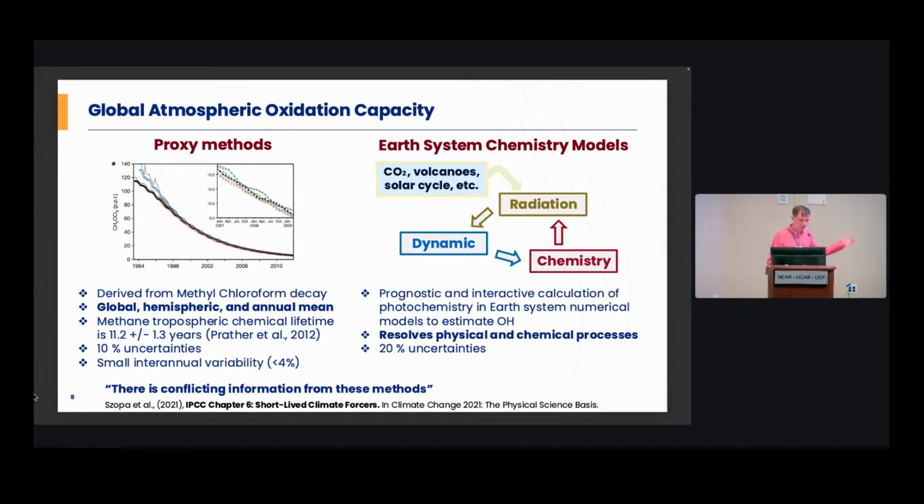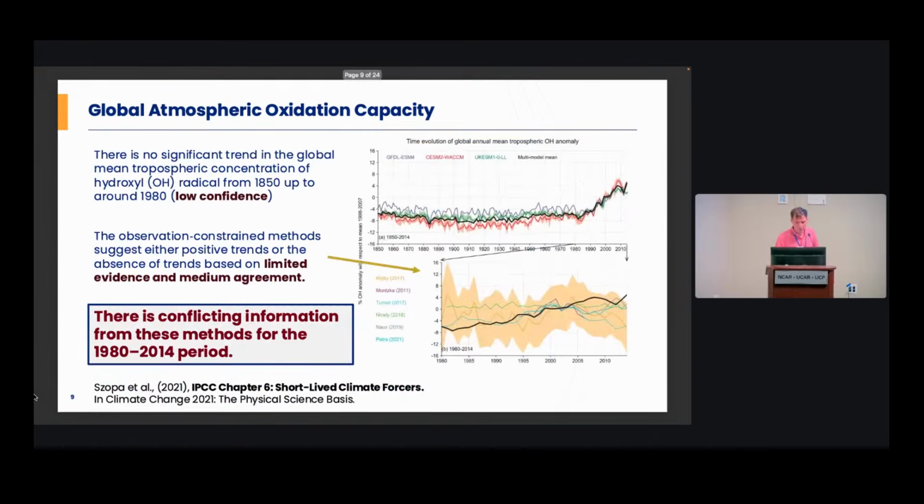But still, the last chapter of the IPCC is saying that this is a very important issue to tackle. And why is that? It's that even if you get only 4% variability every year in OH, you can fit a positive trend or a negative trend.